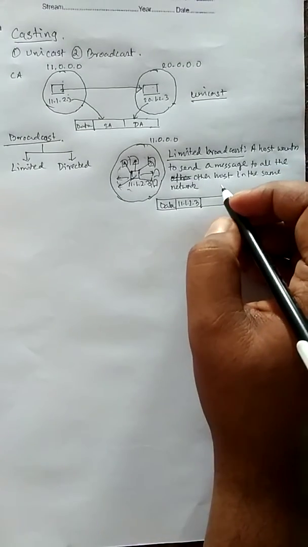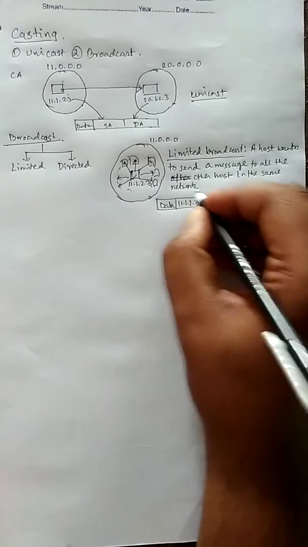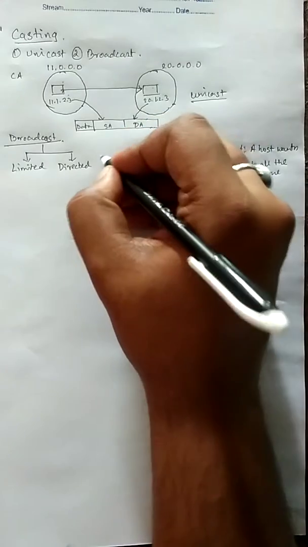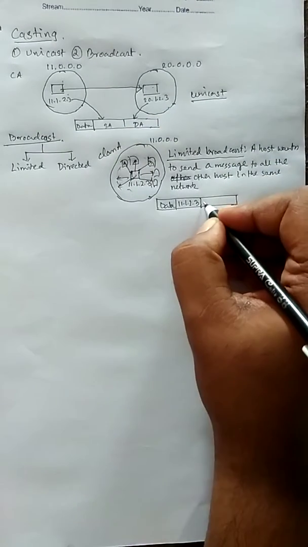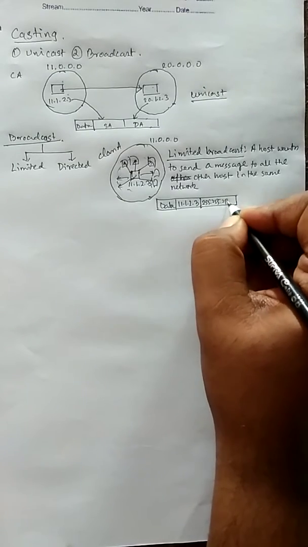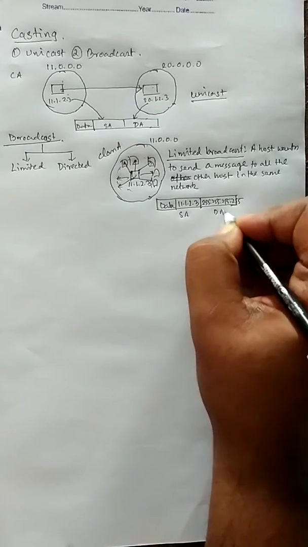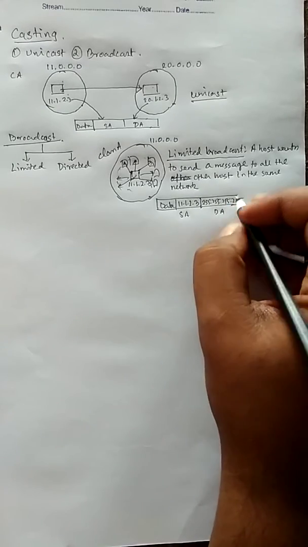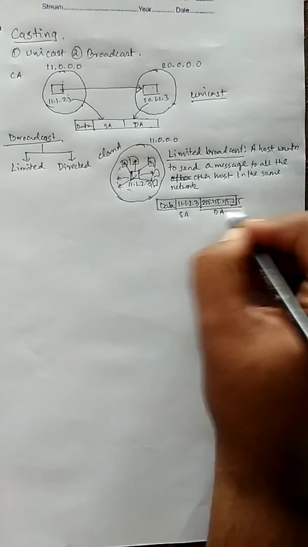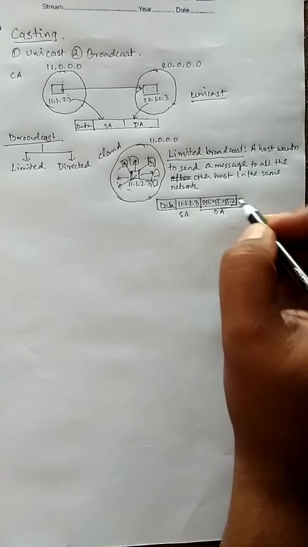Now this is a class A address. For this case, it will be 255.255.255.255. So this is the source address and this is the destination address. So the limited broadcast address will be this one, 255.255.255.255.